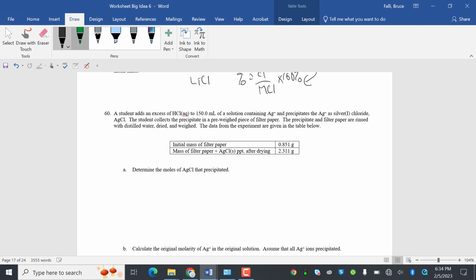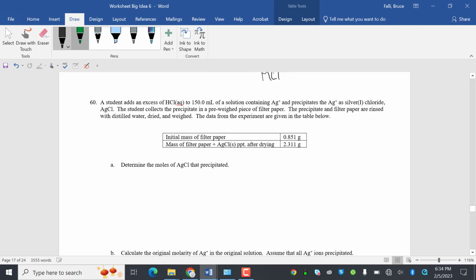Determine the moles of AgCl that precipitated. First, grams of AgCl that precipitated: 2.311 grams minus 0.851 grams is 1.460.